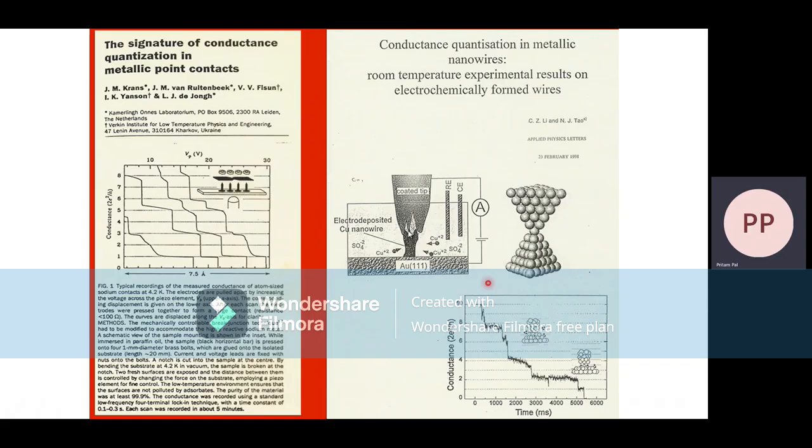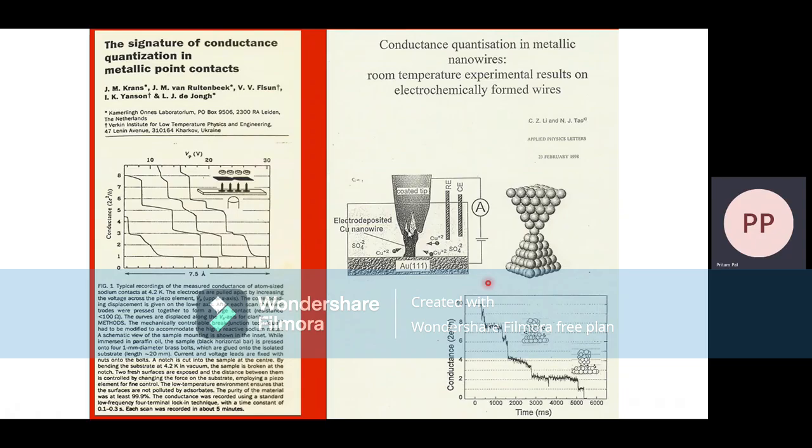Essentially, one quantized conductance channel in a metal is one atom, on the scale of one atom. So a couple of papers shown here show indeed the conductance quantization in units of e²/h.